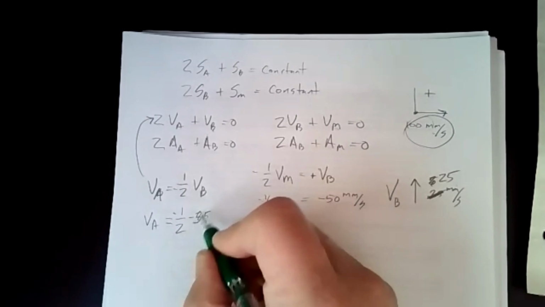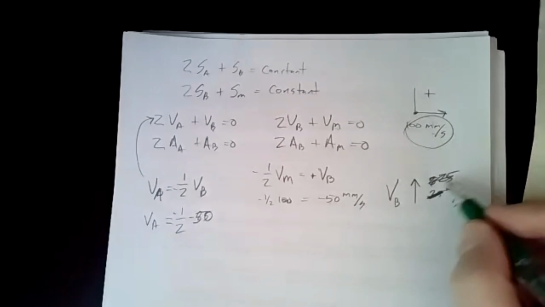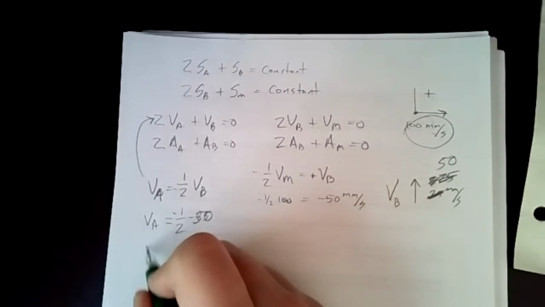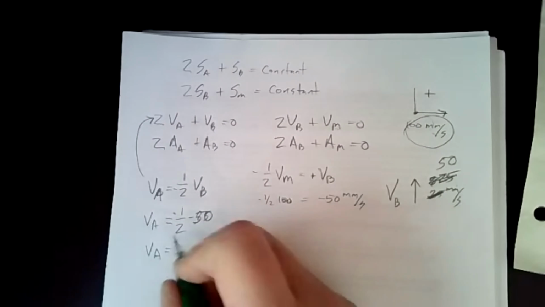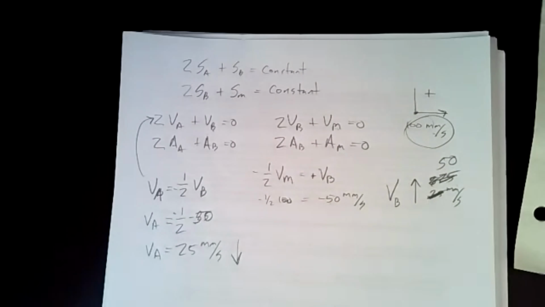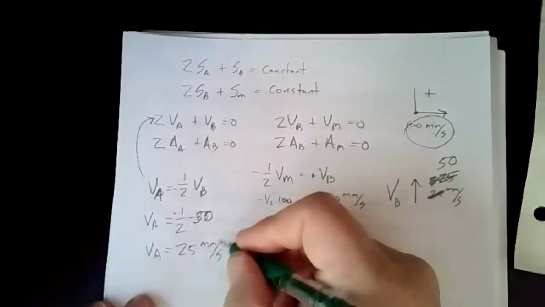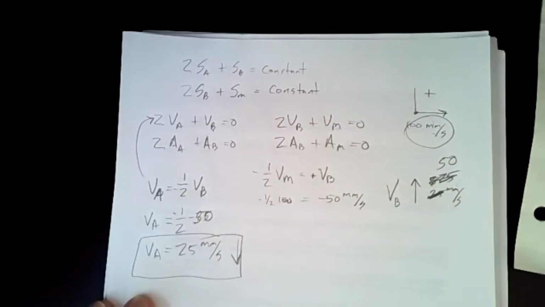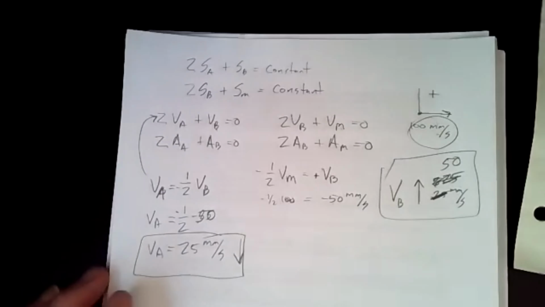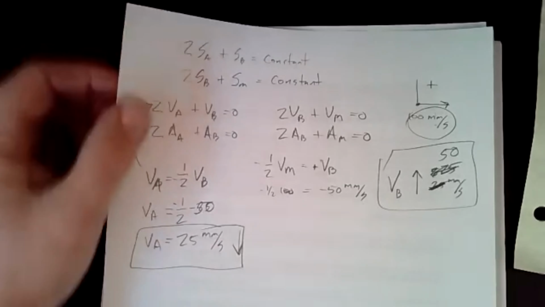Oh, yeah, sorry about that. So that's 50, this is half, and VA ends up being 25 millimeters per second, and it's going down. There we go, now we're correct. VA is going down positive, VB is going up at 50. All right, sorry about that little snafu.